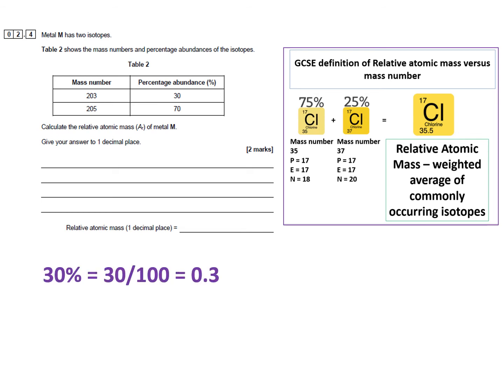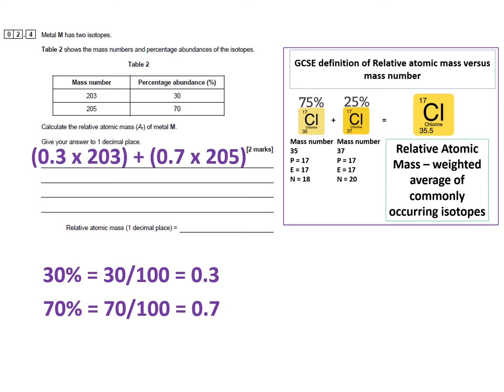Okay, in terms of our metal here, we've got 30%, which is 0.3 of our total, is element with mass number 203, and 70%, 0.7, has mass number 205. To calculate the overall or average mass, therefore, 0.3 of it will be 203, 0.7 of it will be 205.